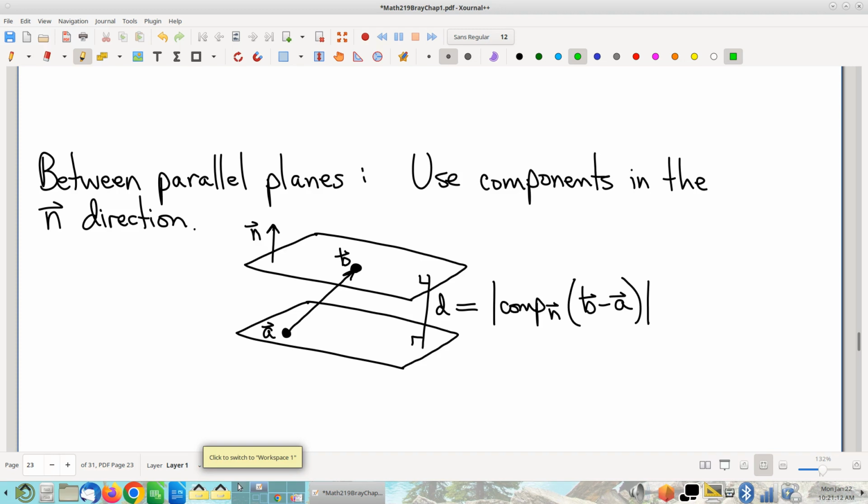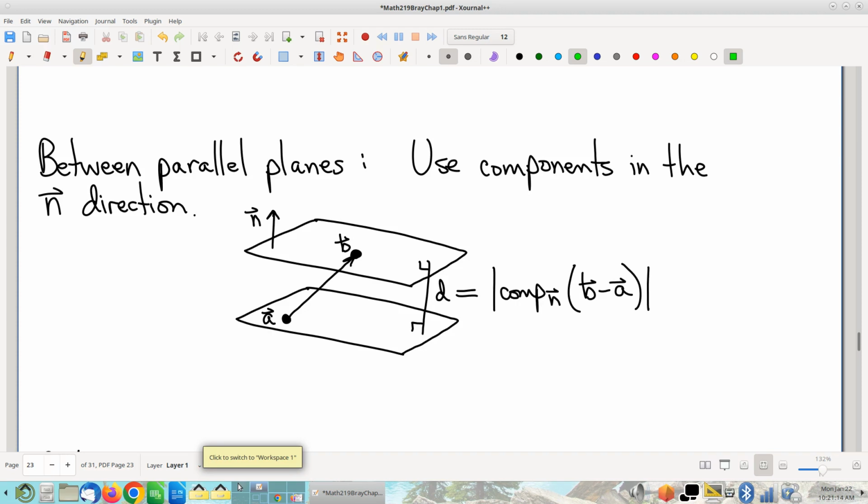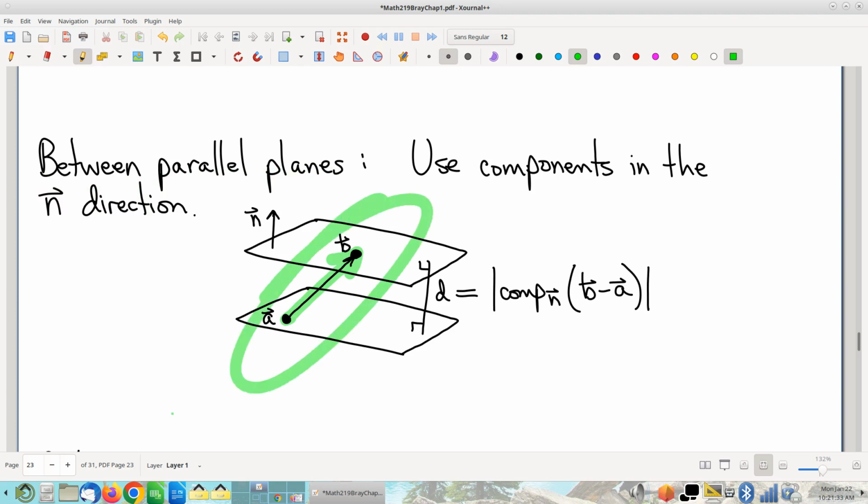Okay, so last time we were talking about various different categories of questions where you want to compute distances. The last example that we looked at was how to find the distance between parallel planes, and the big idea is that even though you could pick a couple of points and talk about the distance between those 2 points, that's not what we're talking about, right? We want the perpendicular distance, the shortest possible distance.